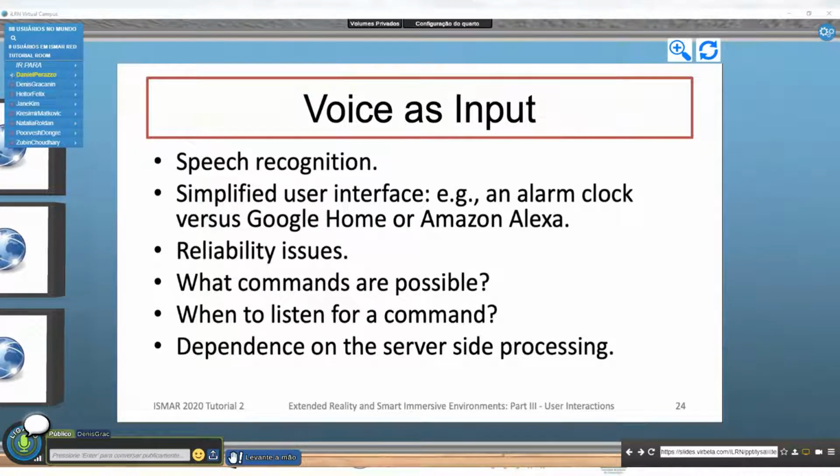On top of that, we also have some privacy issues, because if such a device has to be constantly on or listening so that it can respond to voice commands, that means that information can arguably be misused, not necessarily by design, but let's say by omission or by accident.